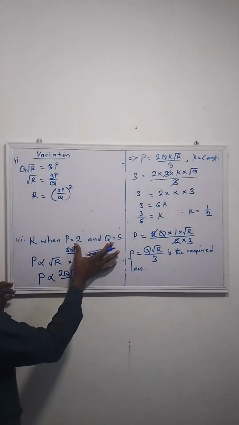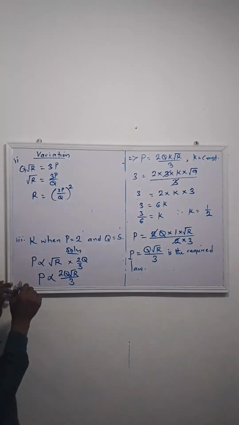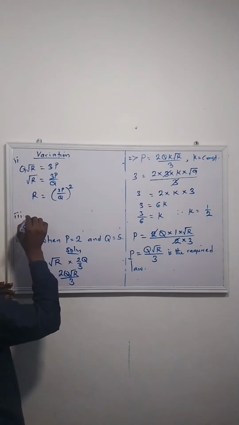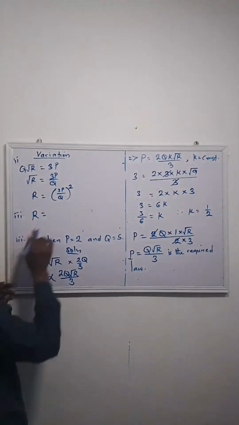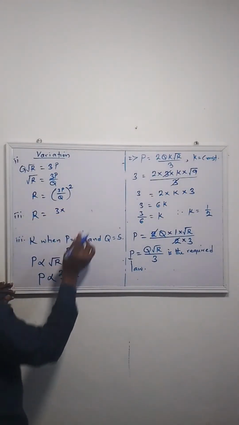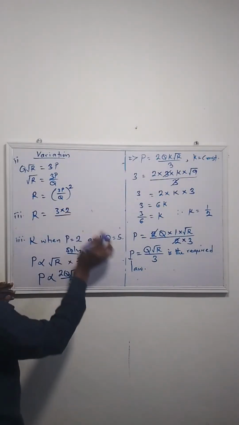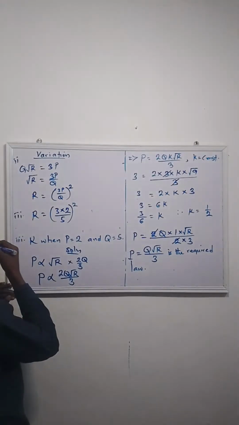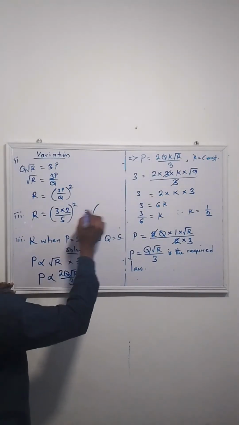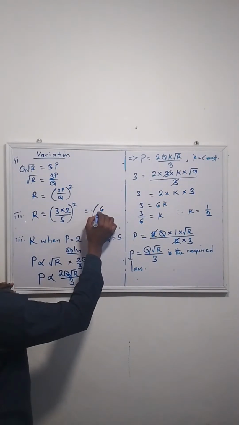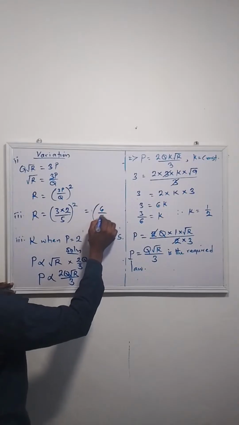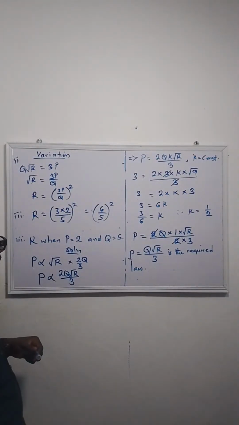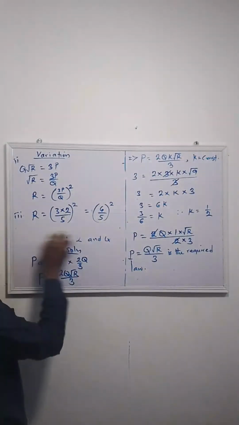So let's plug this value into this equation so that we're able to get R. So Roman numeral 3, we have R equals 3 times P, which is what? 2, over Q, which is 5, all squared. And that is the same thing as 3 times 2 is 6 over 5 raised to the power of 2. Okay, so what will that give you?